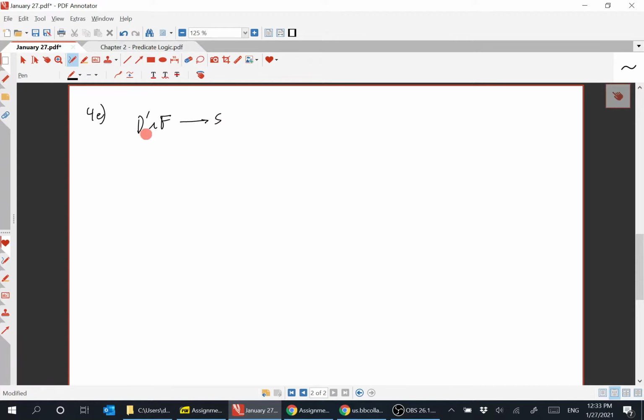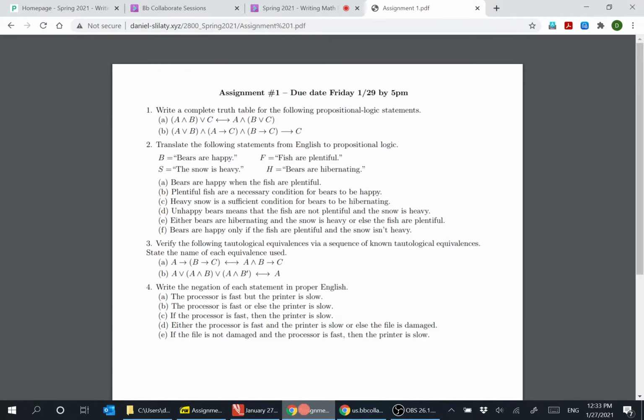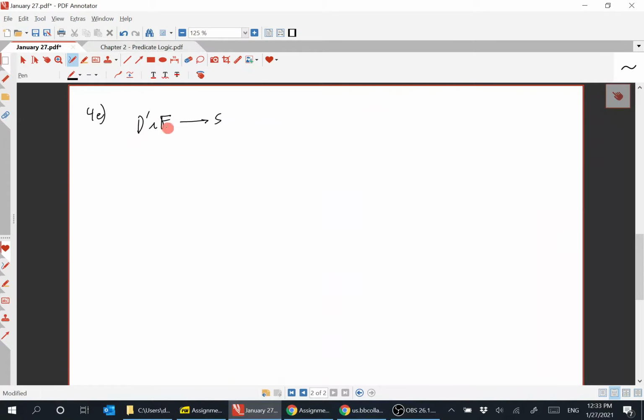So if the file is not damaged and the processor is fast, then the printer is slow. So you want to take that whole thing there and negate it.